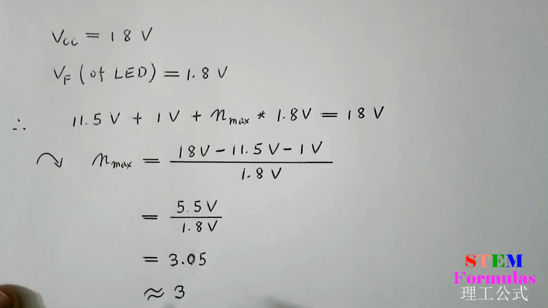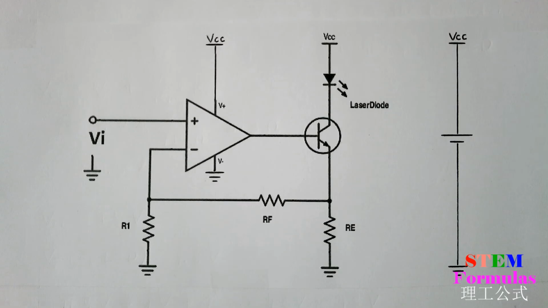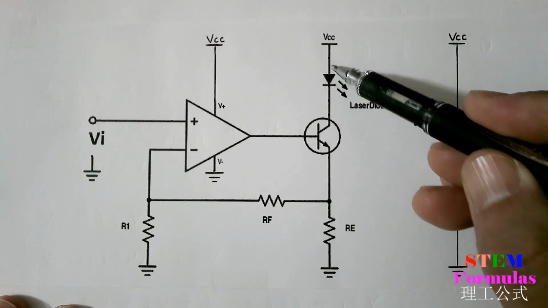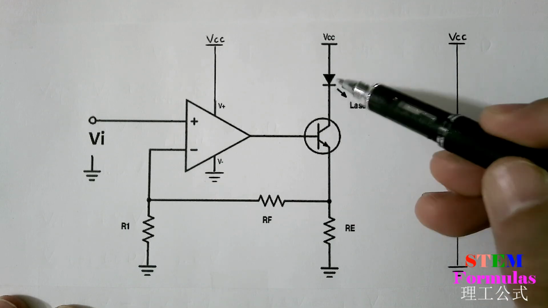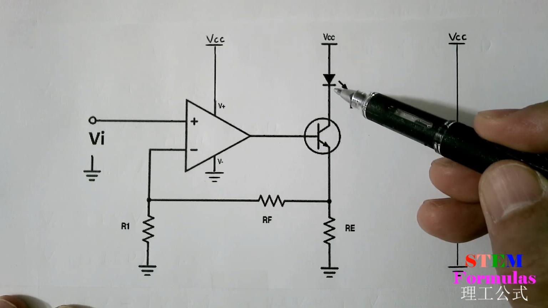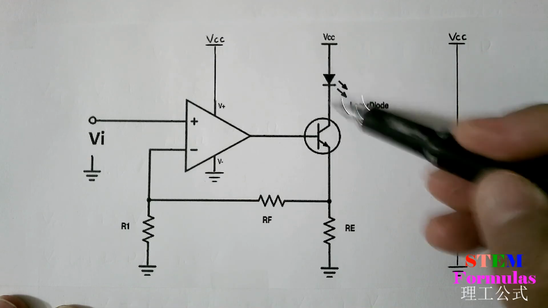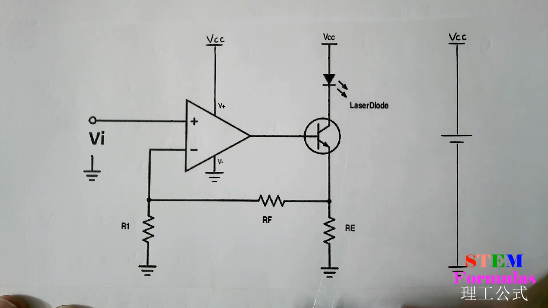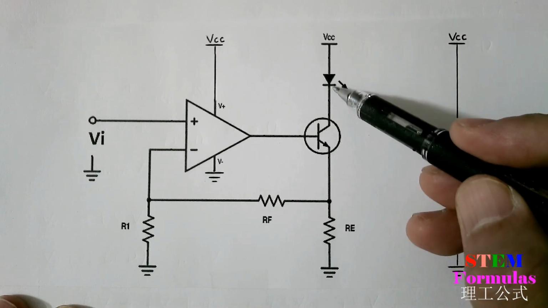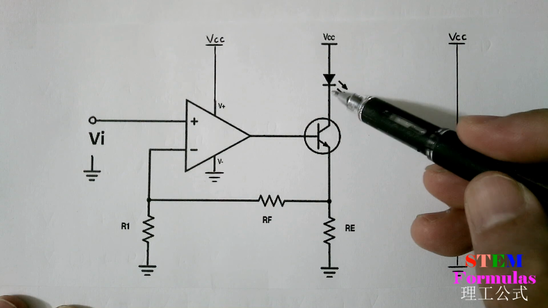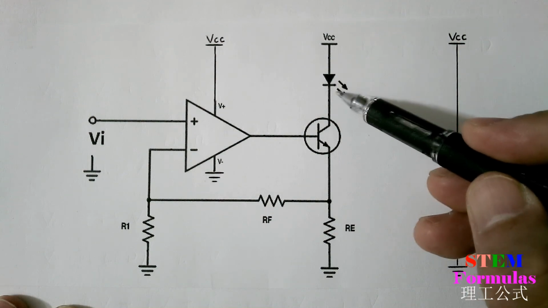We take the integer part of 3.05, which is 3. That means in our circuit we can put 3 LEDs in series. That is the maximum. We cannot take 4 LEDs in series here. We can take one, two, or three LEDs in series, but we cannot take four.